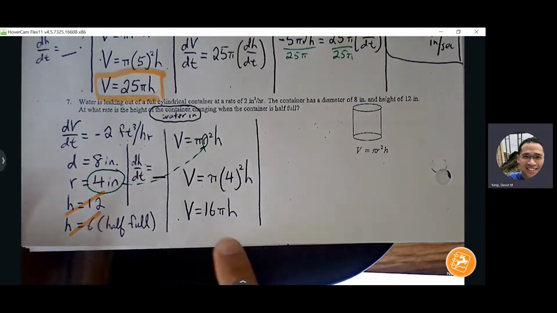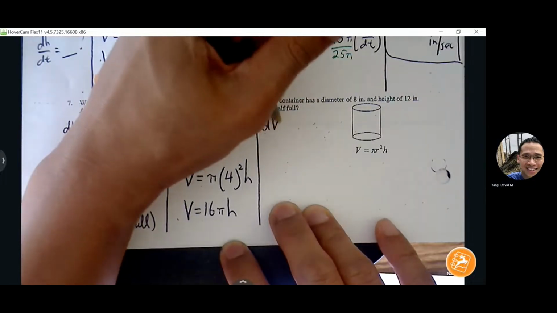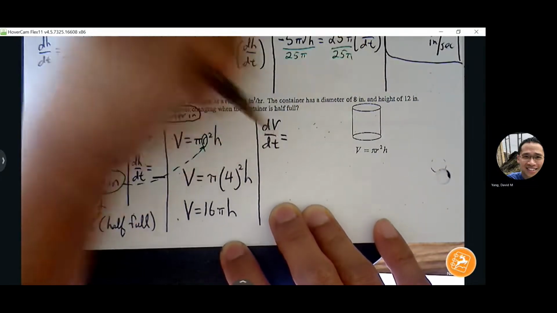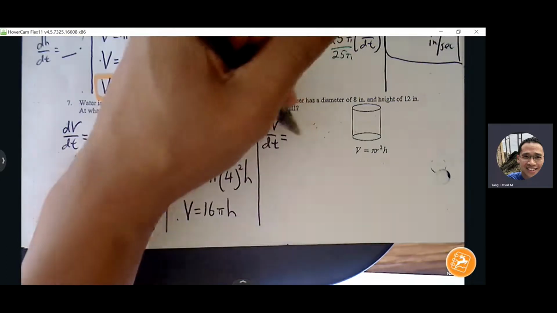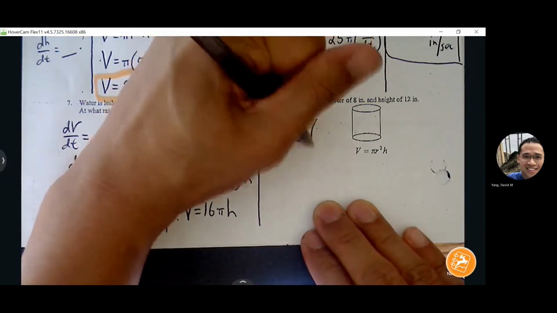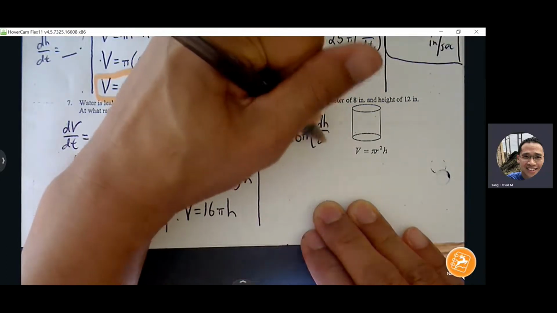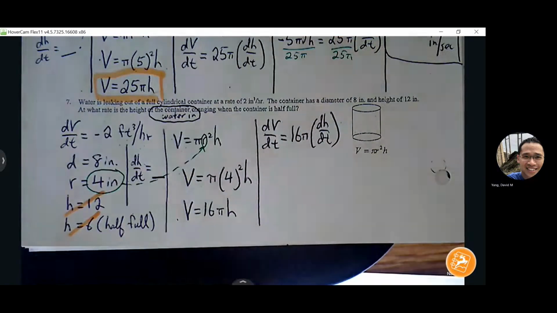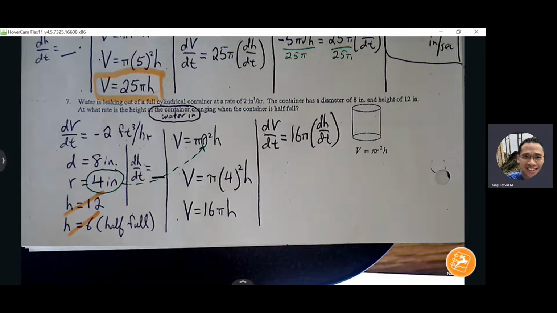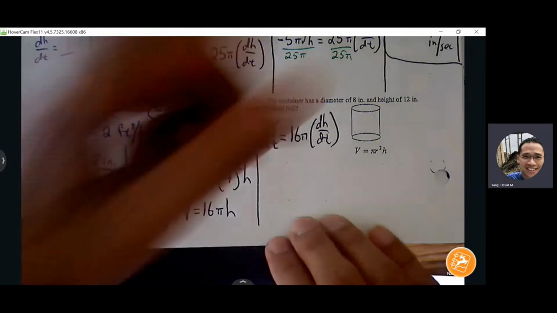Okay, so now let's find the derivative, right? V becomes dV/dt. 16 pi stays, and H becomes dH/dt. So if you look at your derivative, there's no need for H's, right? All we need is dV/dt, and then we can quickly get to our answer. Okay, so dV/dt is -2.